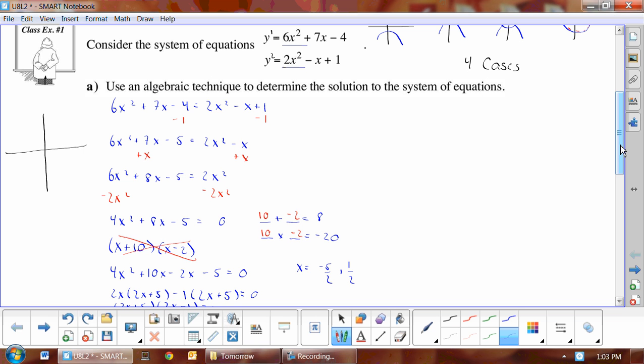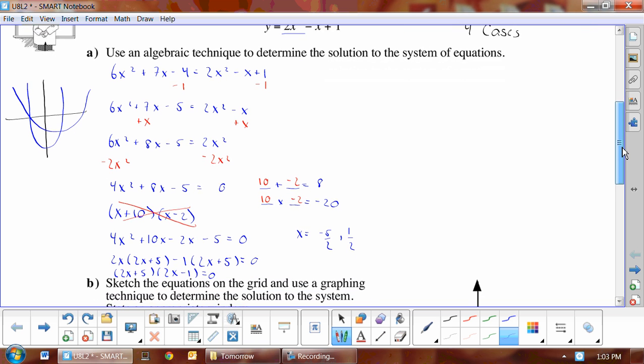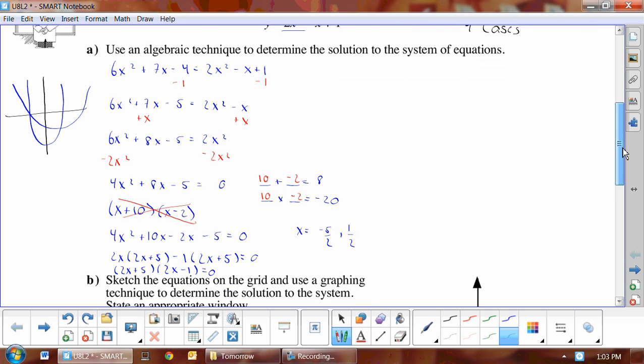So we'd say, okay, it looks something like this. And it's just like a sketch, right? So it has 2 points. We have 2 x's here, so far so good. And then we want to find our y coordinates, so we just plug it into one of our 2 equations.